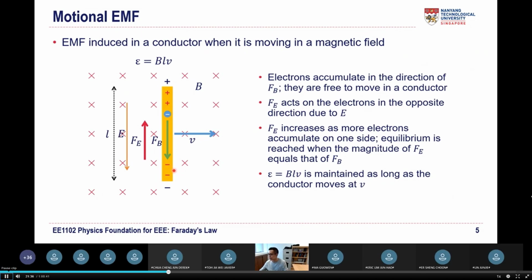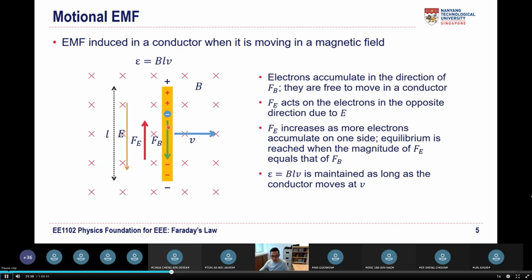How about the nuclei? Can you move the nuclei? No. You cannot move the nuclei because it's a solid material. They are all fixed. The electrons still can move because they are all in the so-called conduction band. This is a conductor. In a conductor, electrons are free to move.